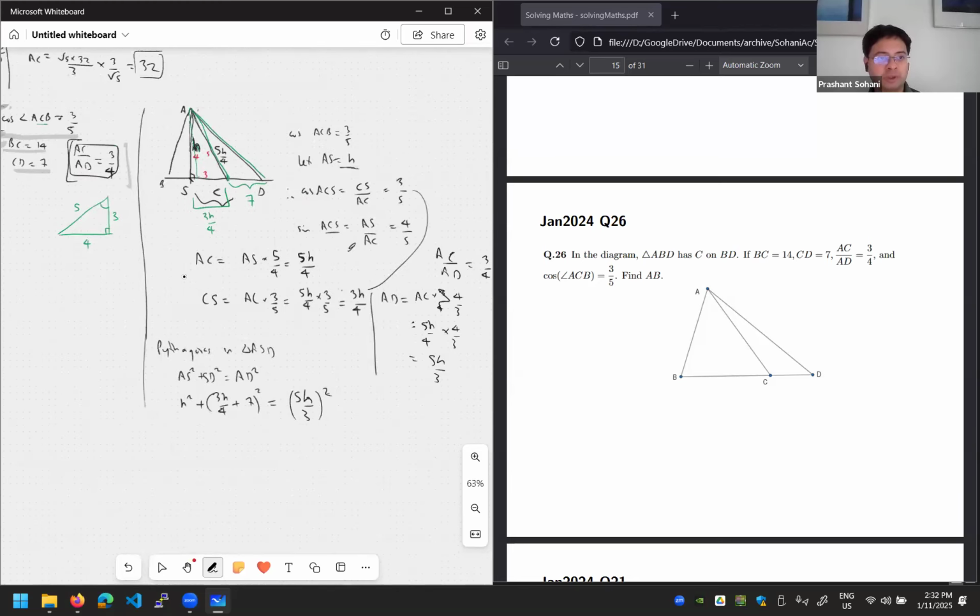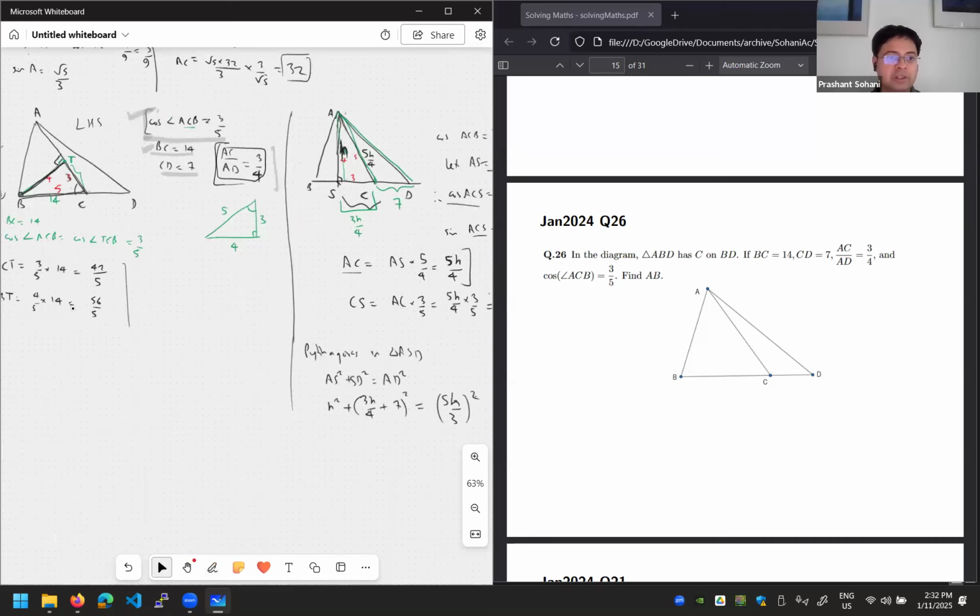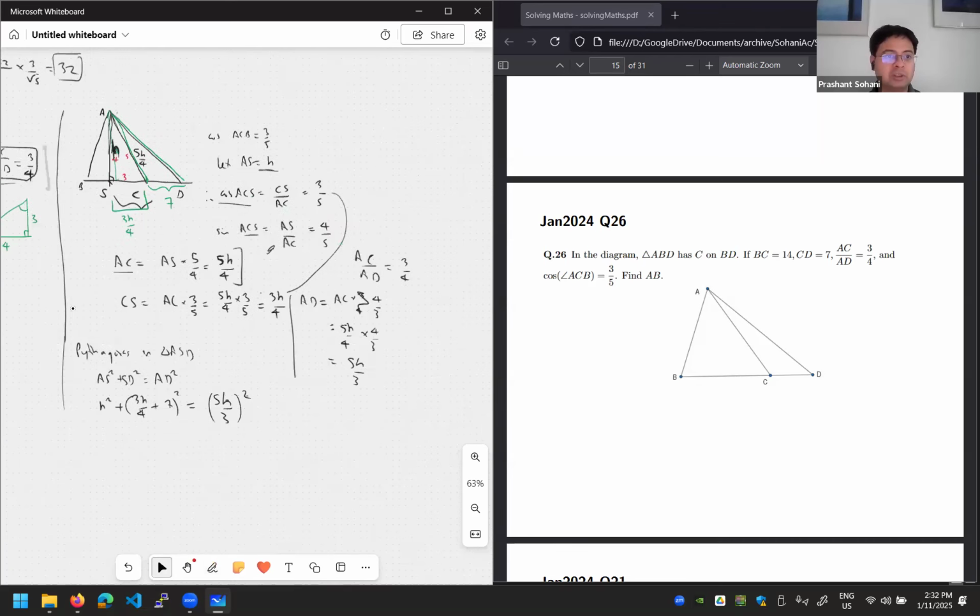So if we drop the perpendicular from A, and I call that length h, then because of the cosine, in terms of h, we can find the three lengths of this triangle ASC, right? So we get AC as 5h by 4, and CS as 3h by 4. And therefore we can apply Pythagoras theorem in triangle ASD, because we have the ratio AD upon AC also, right?